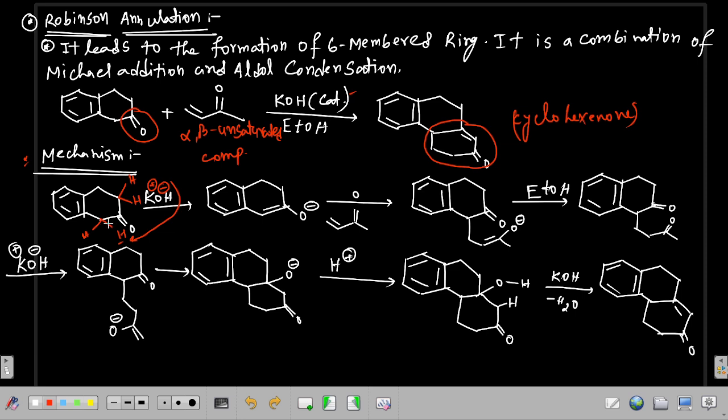So this proton will be abstracted and it will form an enolate, and this enolate undergoes Michael addition with this alpha beta unsaturated carbonyl carbon, which is known as 1,4 addition.